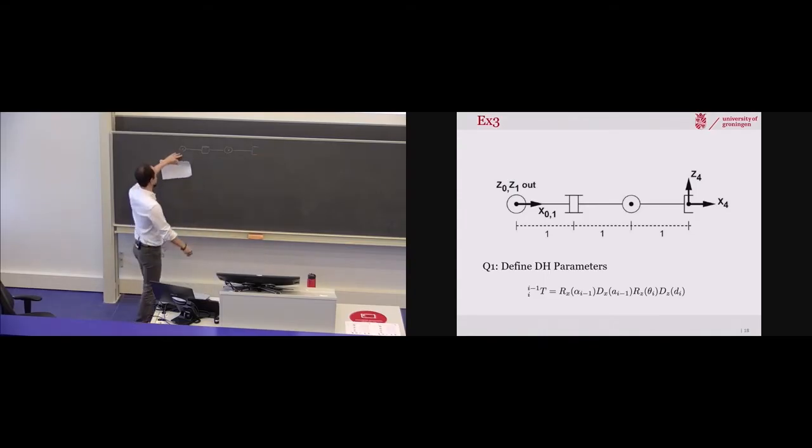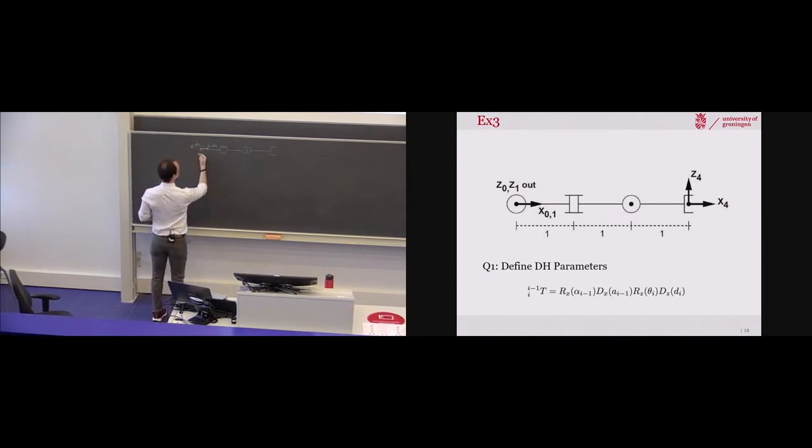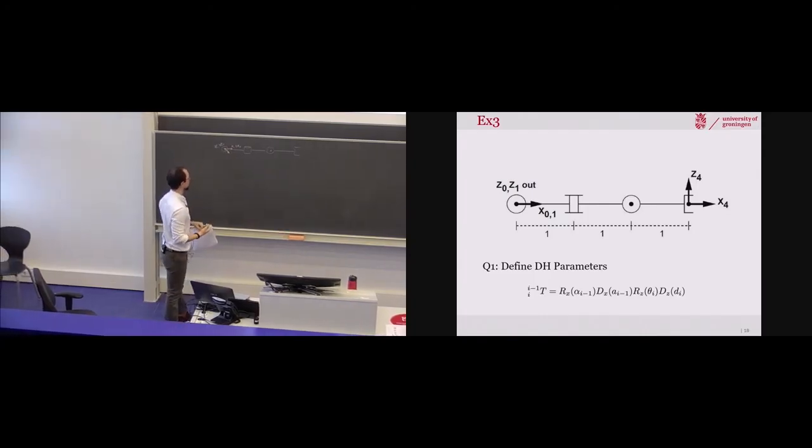The exercise already gives us the x1 that coincides with x0, and then we also have z1 that coincides with the z0, and it is pointing outside of the blackboard. Okay, so it is something like this. In this direction, let me do like this just to clarify a little bit better, but it is actually pointing toward us, okay?